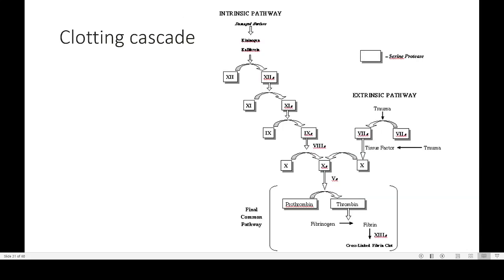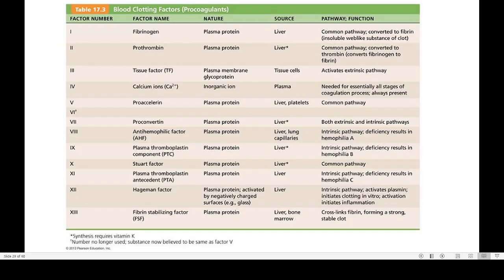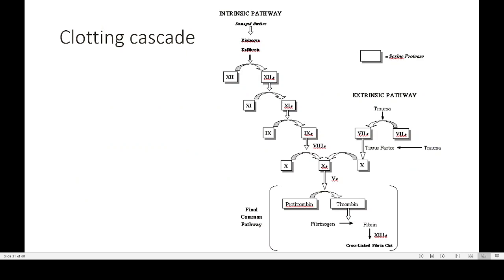The A is indicating the active form, and that will be working on the 10th factor. The 10th factor is, I think, the Stewart factor. An active form of the Stewart factor will be developing, and that active form is finally responsible for converting prothrombin to thrombin.